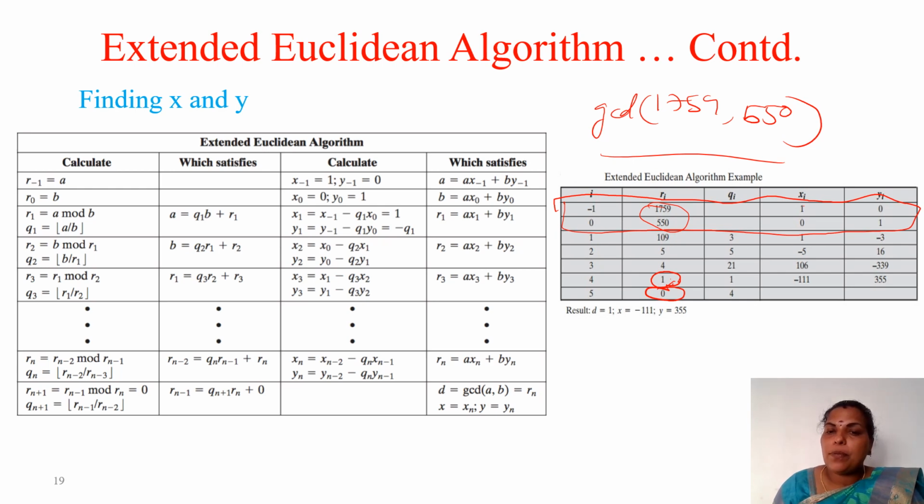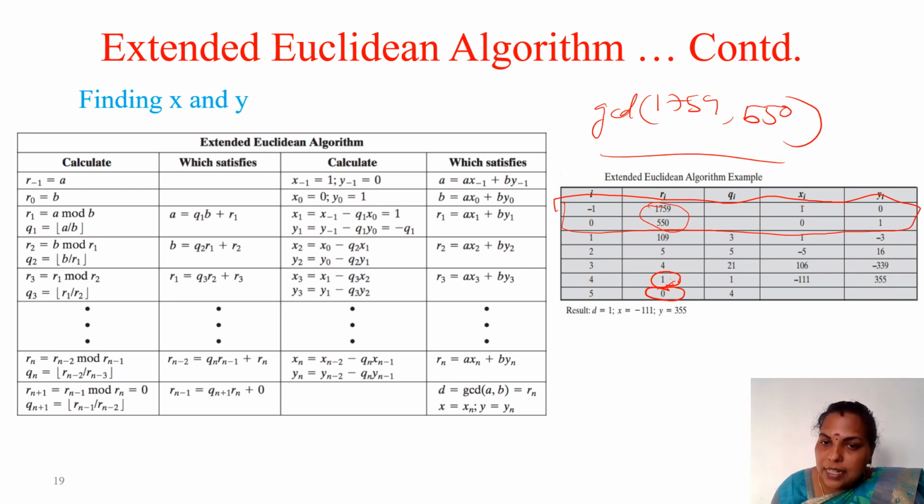For i equal to -1, you have to write the biggest value, because in the Euclidean algorithm we have seen that if the dividend is not higher than the divisor, then we have to swap them. So at -1, you have to write the bigger value.